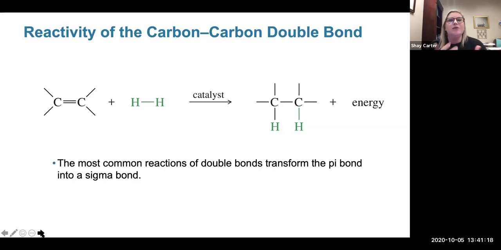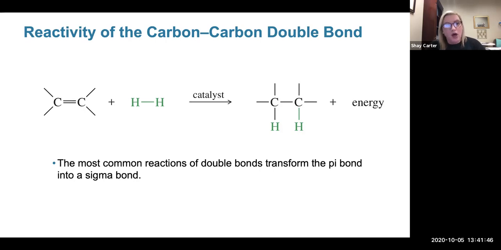When we were beginning to draw Lewis structures, we drew all those little dots around those little atoms, and then those dots came together to form lines. But what we really need to remember is those lines are made up of electrons. Those bonds are made up of electrons, and the electron density between these two carbons makes this carbon-carbon double bond actually very nucleophilic, and we're going to talk about that in a little bit, okay?